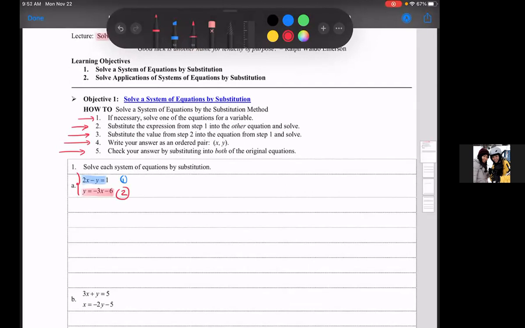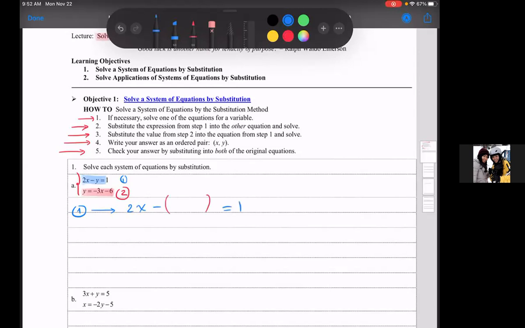So the blue equation, number 1, is 2x. Instead of minus y, it's going to be minus what? What should I put in here?